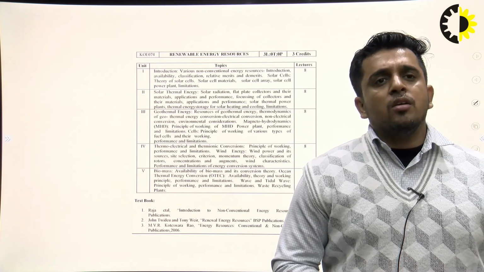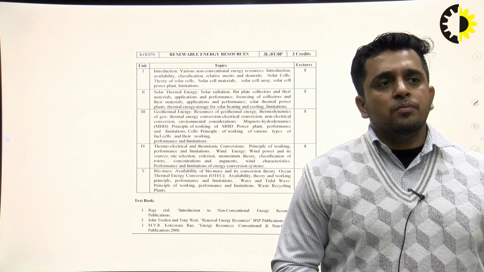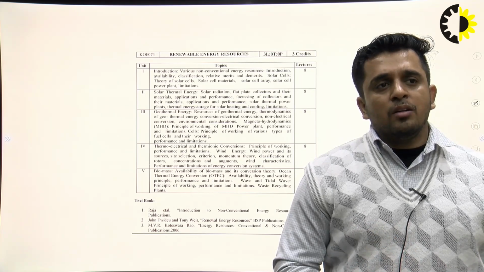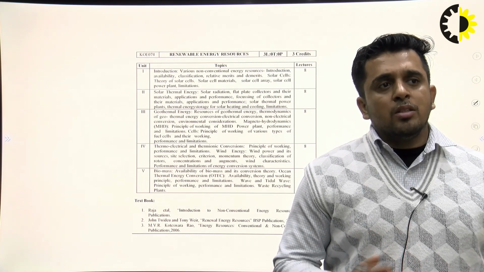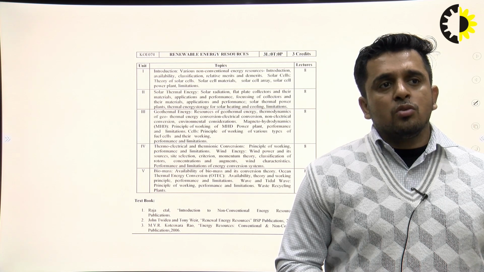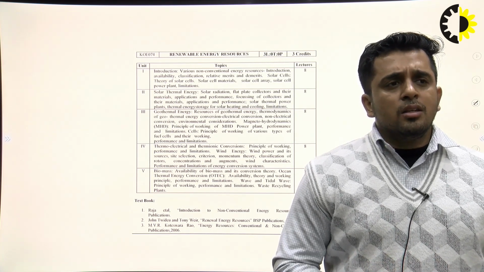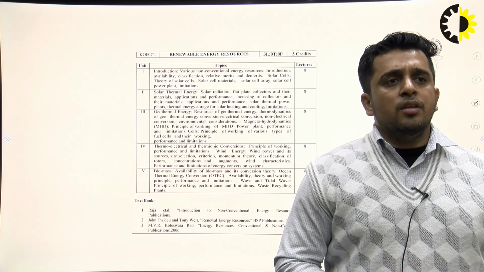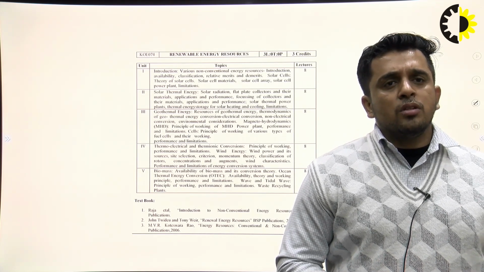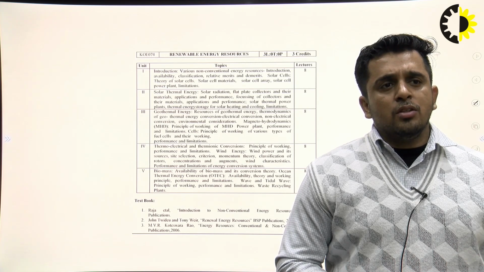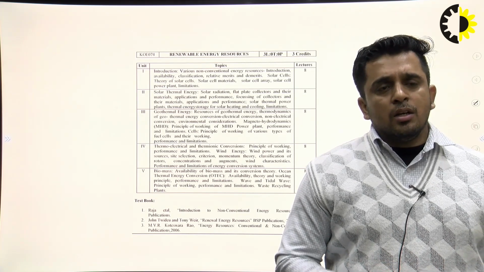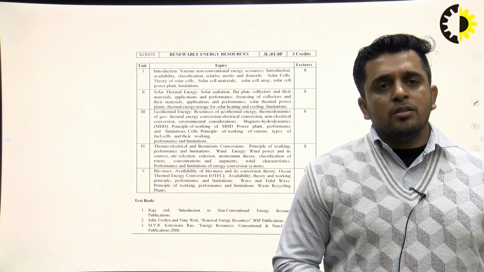The second unit comprises solar thermal energy, in which we have flat plate collectors and different parameters of solar thermal energy. In the third unit we have geothermal energy, where we discuss the different types of geothermal energy resources and how a geothermal power plant system works.